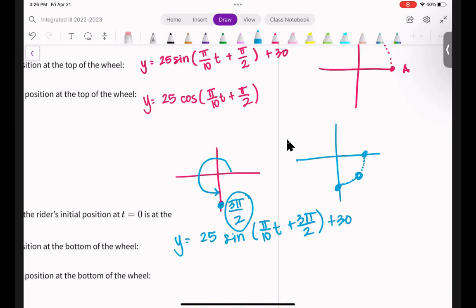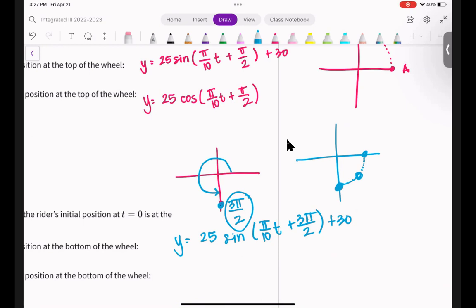Now, the reason why I want you to think about the start position is, when do you actually start the ride? You don't actually start the ride here when you get on. You actually start the ride when the Ferris wheel is going all the way around over and over again, right? When you're actually continuously going. So that's what I want you to think. Like, when did Carlos actually start the ride?